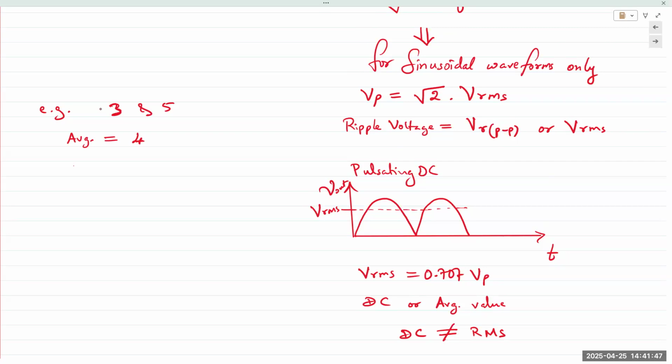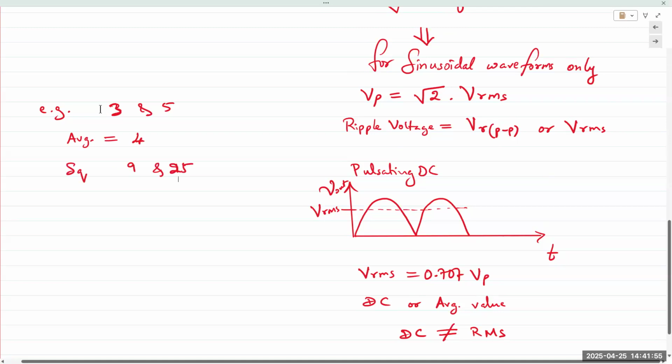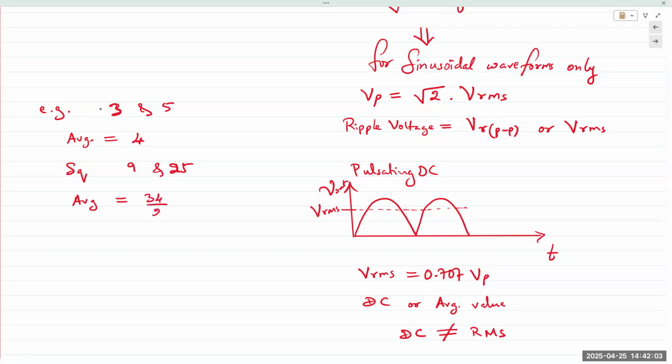So if you take the squares of these two, then it's 9 and 25. The average of these squares is what? 34 over 2, 17.